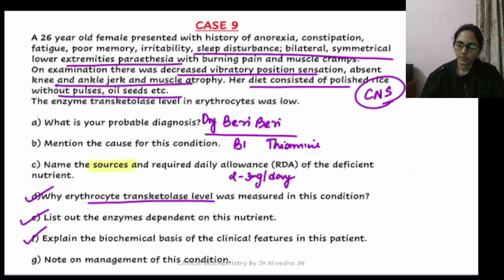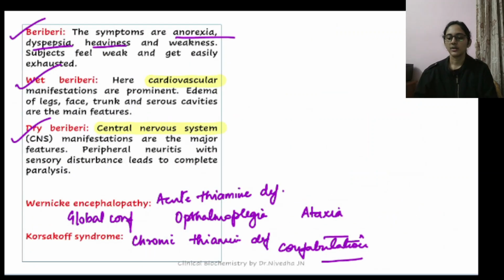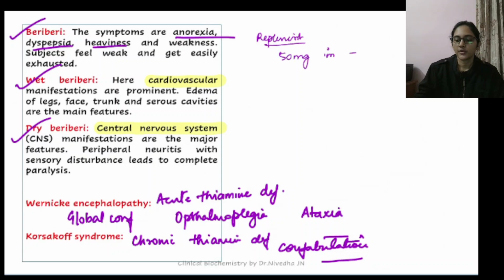And what is the management of this condition? Management in the sense you just have to replenish the thiamine stores. And how do you replenish? You give 50 milligrams IM for a few days, like 2 to 4 days, until the symptoms subside, and then you put the patient on maintenance therapy also.